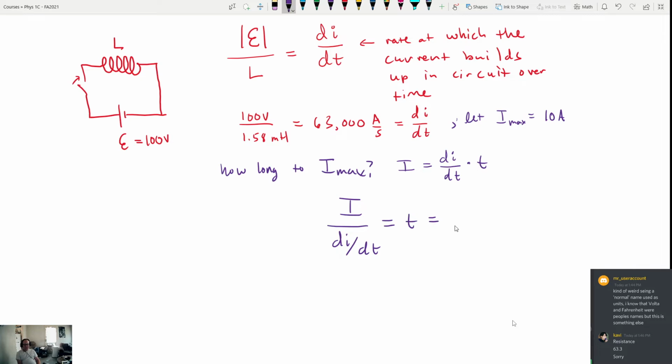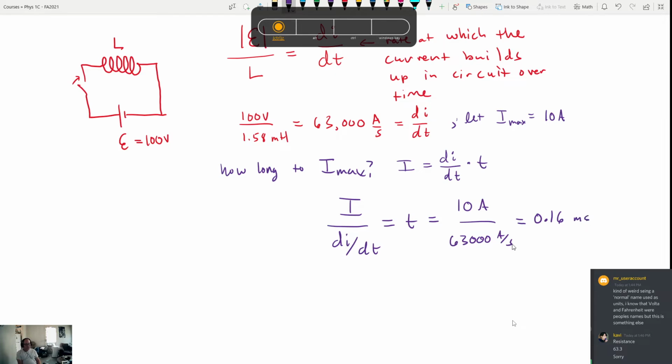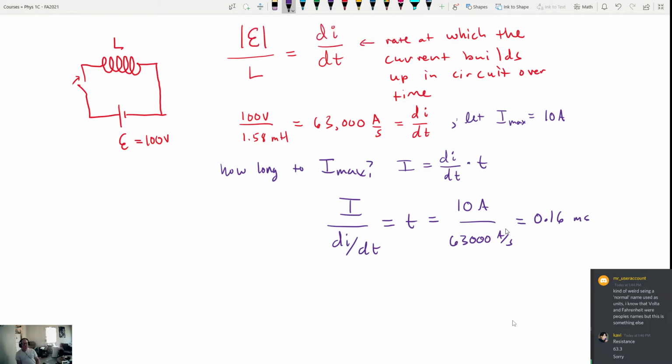So this would be 10 amps divided by 63,000 amps per second. And so we get a very small number, obviously. That's the point, though. So if we take 10 and divide by 63,000, we're going to get 0.16 times 10 to the minus 3. I'll put 0.16 milliseconds is what we're going to get. I think if I did that right. Yeah, 0.16 milliseconds. This would be the time that it would take.